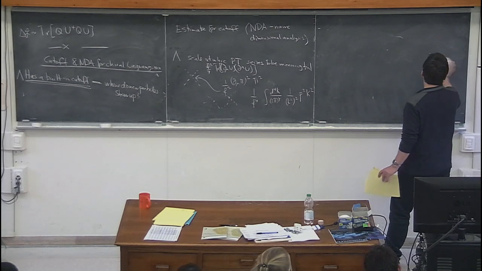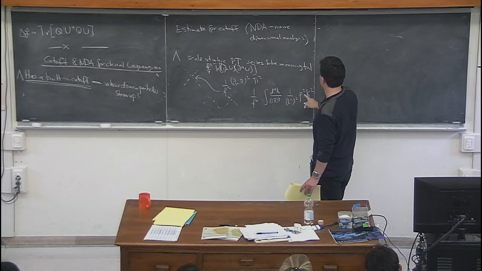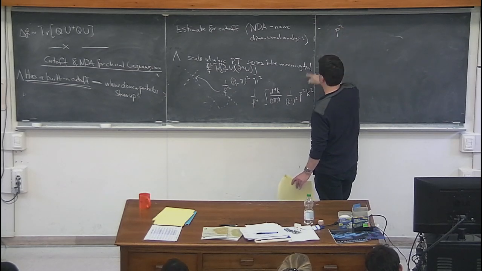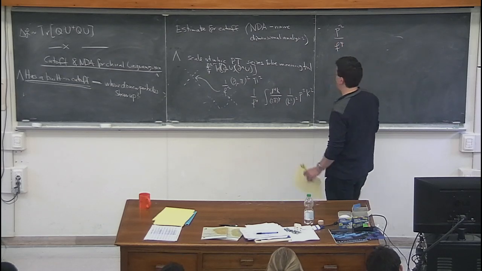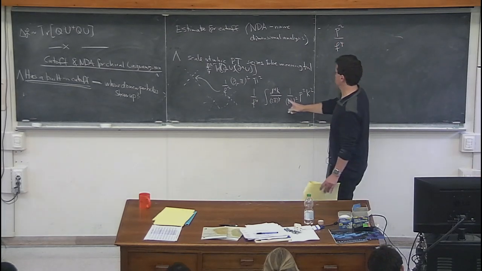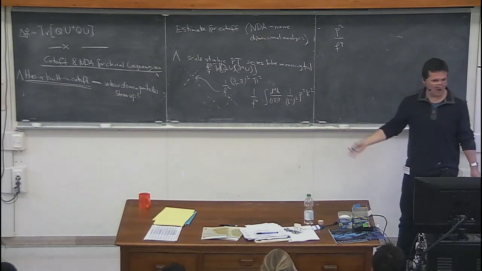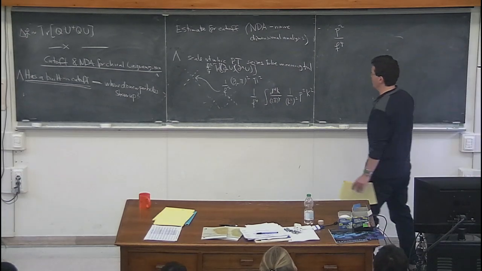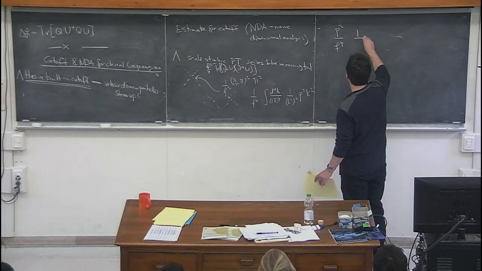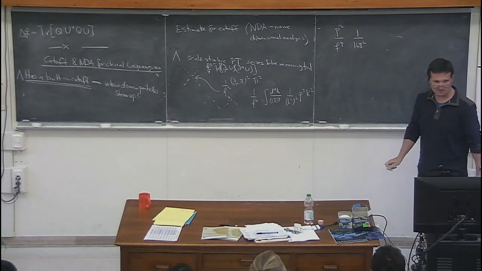And so now what we see is that I will get here p squared over f to the 4. And then there will be a loop. A loop is generically, once you go through all the Wick rotations and Feynman parametrizations, going to give rise to a one-loop factor that is 1 over 16 pi squared.